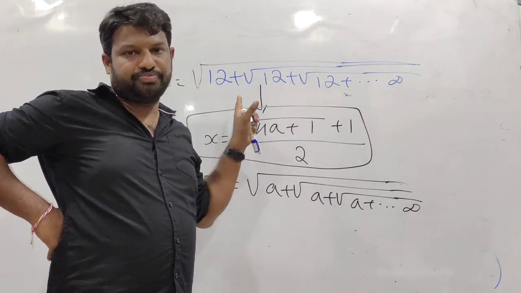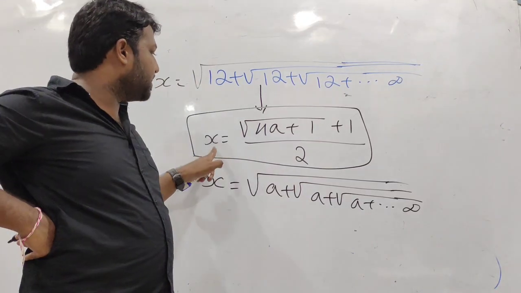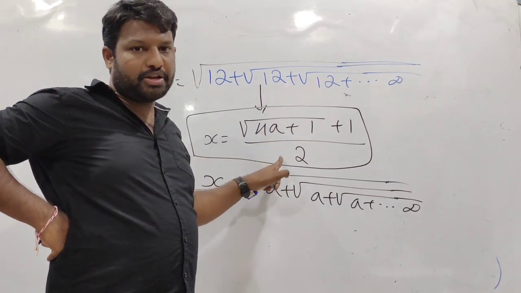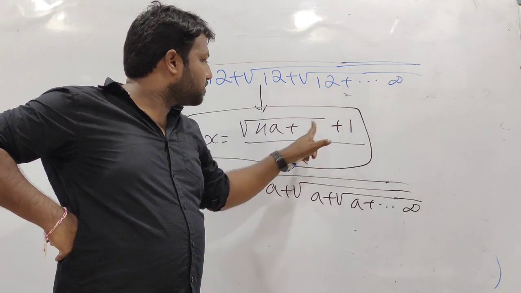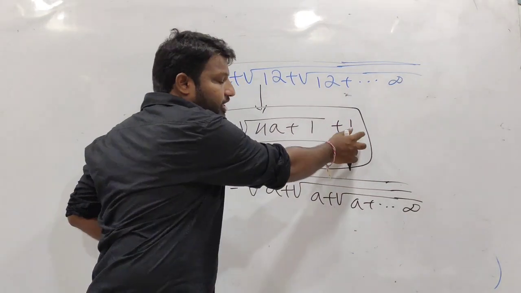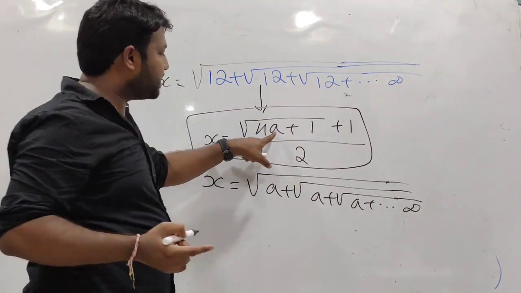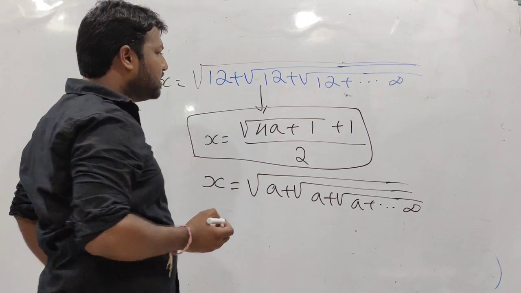If all are plus, root a plus root a plus root a and so on up to infinity, the formula is nothing but root of 4a plus 1, plus 1, with the 1 outside the root, all by 2. Now what will I do here? In place of a, 12 is there.